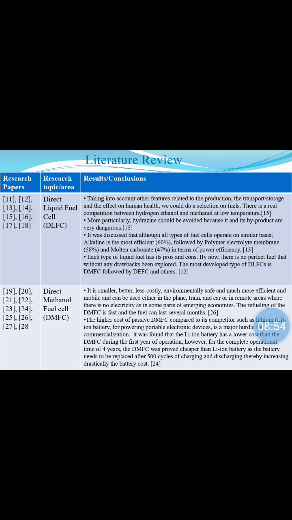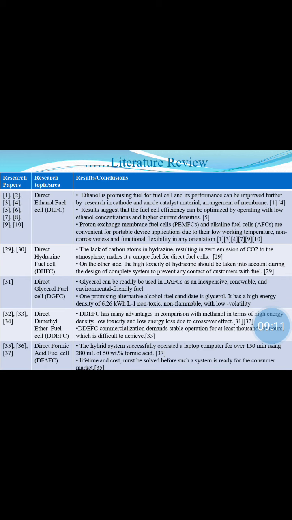An important point with the direct methanol fuel cell is that it can be cheaper compared to a lithium ion battery if we use it for 4 years. Again, direct ethanol fuel cells are important because of their low working temperature, non-corrosiveness, and functional flexibility in any orientation.